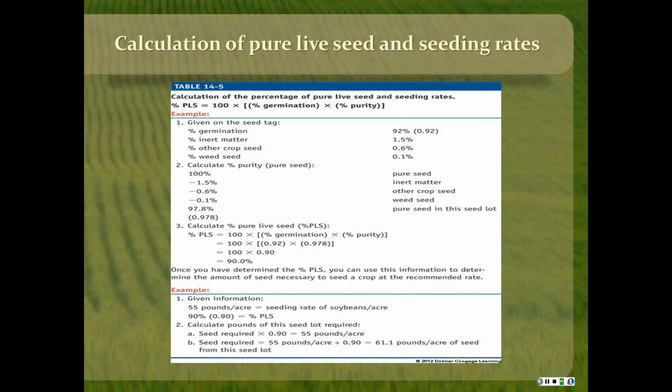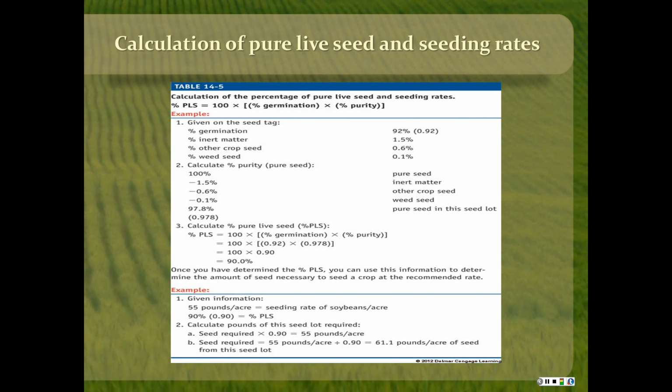And this slide just gives information about how you calculate pure live seed and seeding rates from the information on a seed tag. Basically, the pure live seed is a product of the percentage of germination, which is, if they do a germination test, what percentage of the seed is going to germinate, times the percentage of purity.